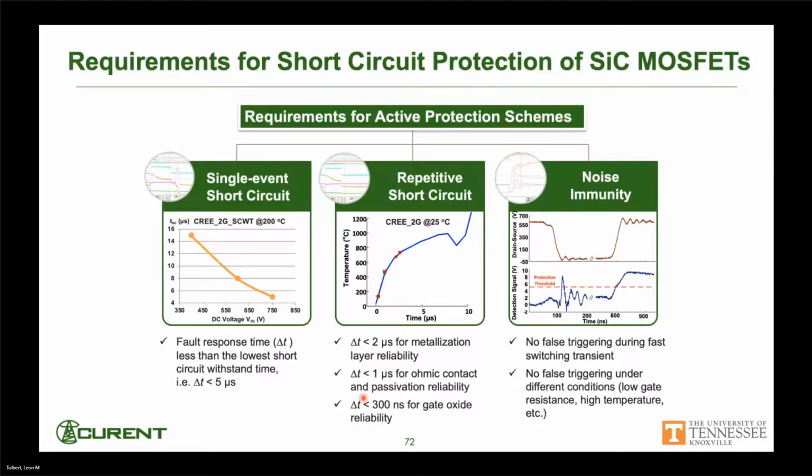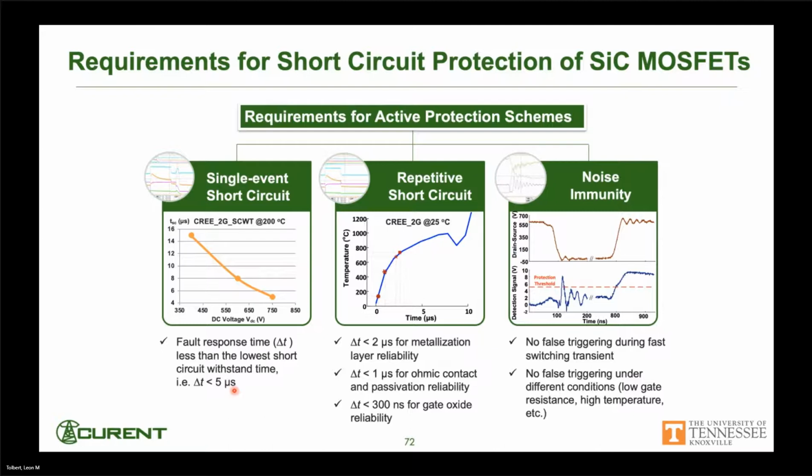And so some of the things that you worry about with protection schemes is that single event or repetitive, as we've talked about. We noted that for those devices, it looks like we need to be able to interrupt in less than 5 microseconds if it's a single event.